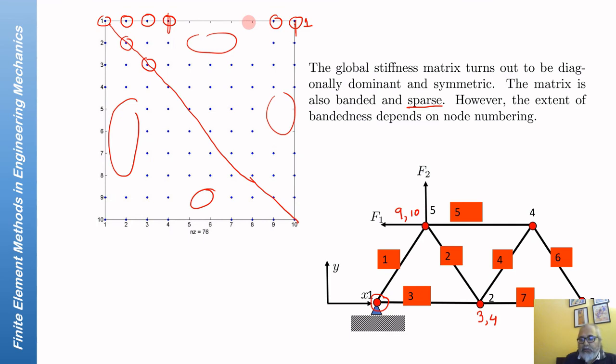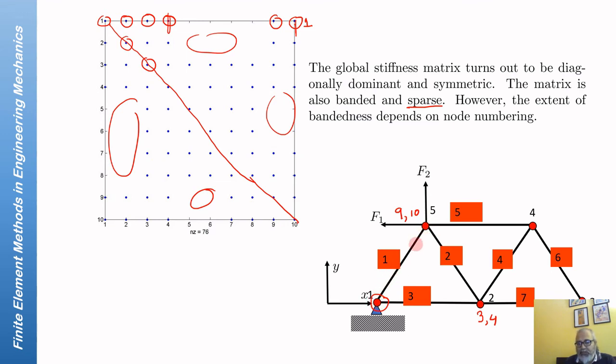That makes the non-zero part of the matrix wider, and we say that it increases the bandwidth of the matrix.